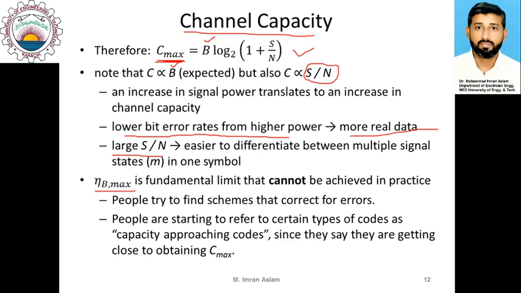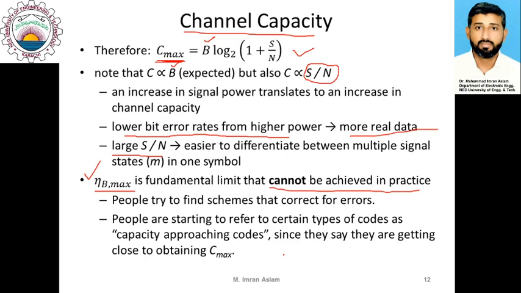You must note that this maximum value of bandwidth efficiency is the fundamental limit in the system, and we cannot get a data rate whose bandwidth efficiency exceeds this value.